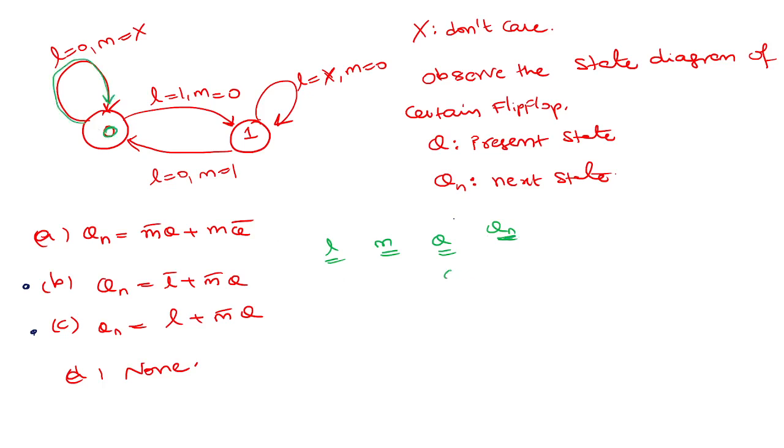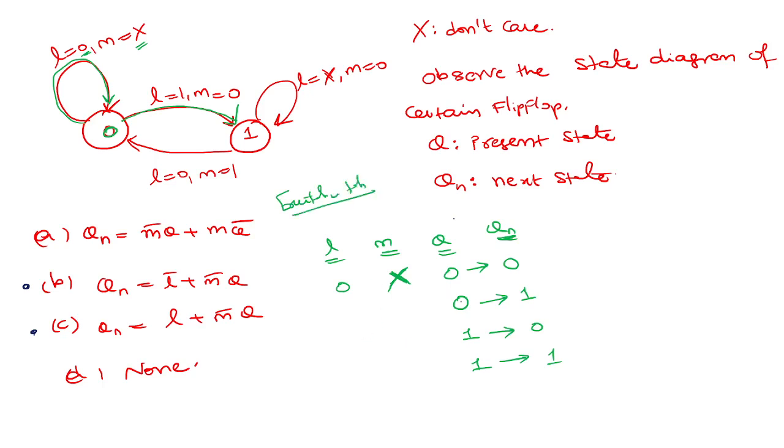Initial state is 0. Next state is also 0. Further combination is 0, this is the complement, next, M should be don't care. Next, this is 0 to 1. Let me write 0 to 0, 0 to 1, 1 to 0, 1 to 1. This is also nothing but excitation table.